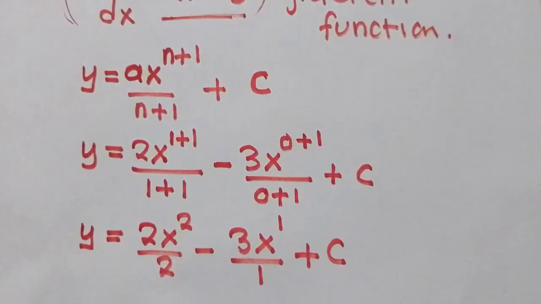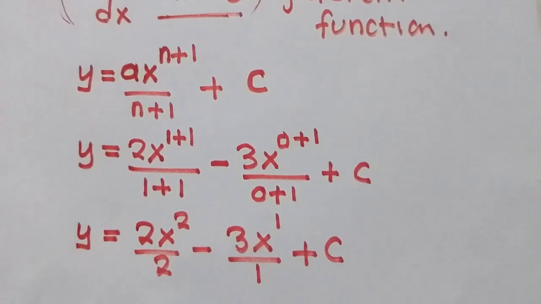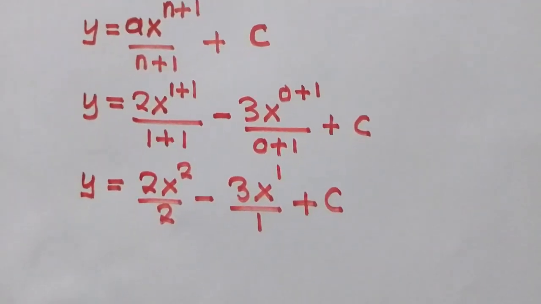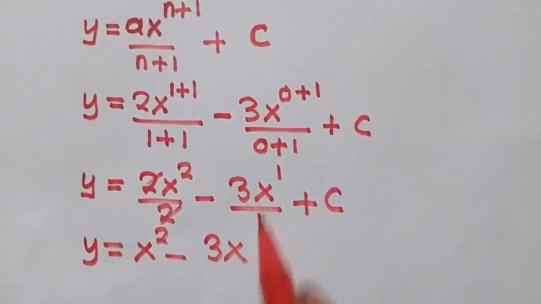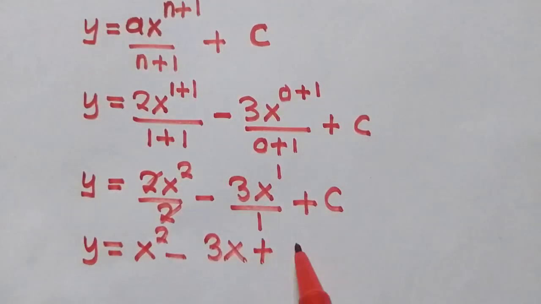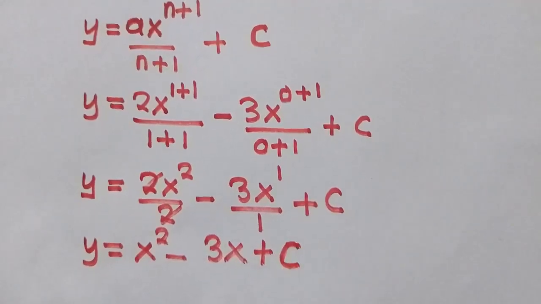With this, I simplify. These two are going to be cancelled. I'm going to win with y equal to x squared minus 3x, even if I don't show the 1, plus c. This is the equation which is formed.